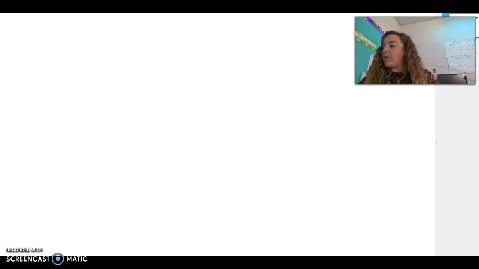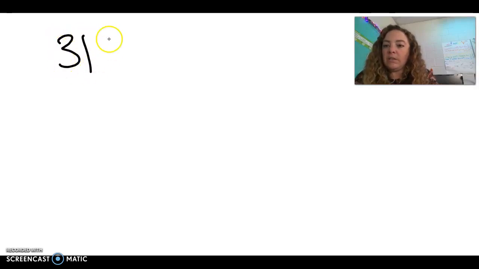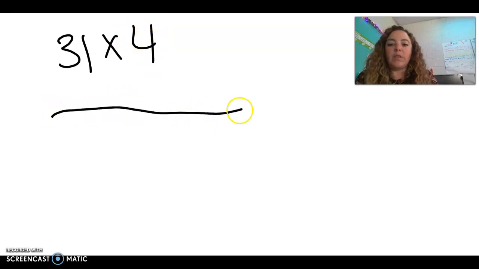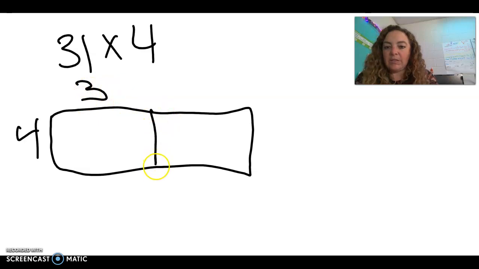So we are going to do a little bit of quick practice here. And our first problem that we're going to do, let me get my pen going here, is 31 times 4. Okay, so we can think about this with our partial products method. We're going to put our 4 here. We're going to put our 3 here in the tens place value.